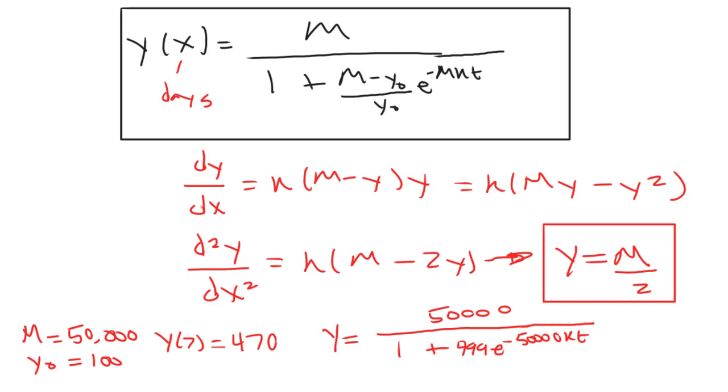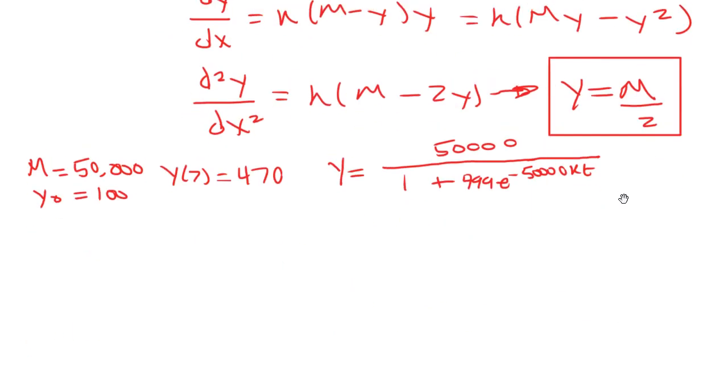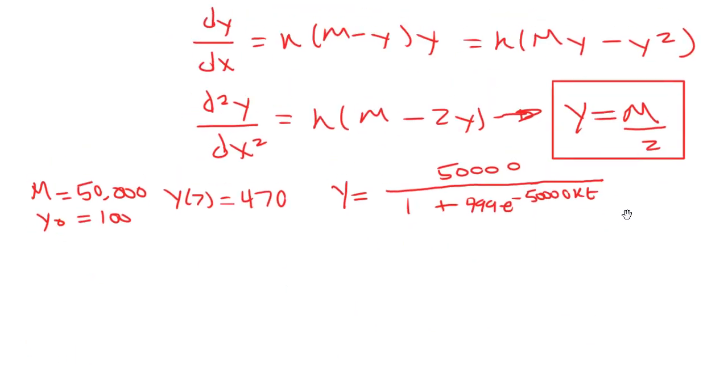Now, if you're trying to figure out, for example, what the constant k is, note that you don't need to find the constant k because you still have to multiply by negative 50,000 technically. So with that, you would basically just set this equal to, in this case, 470.